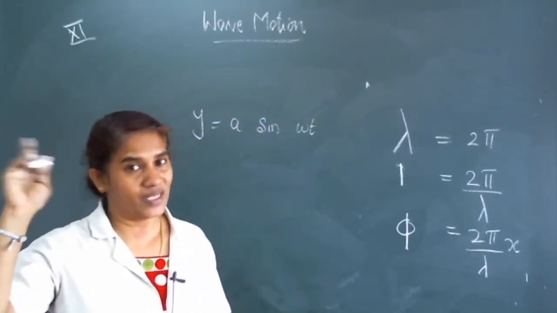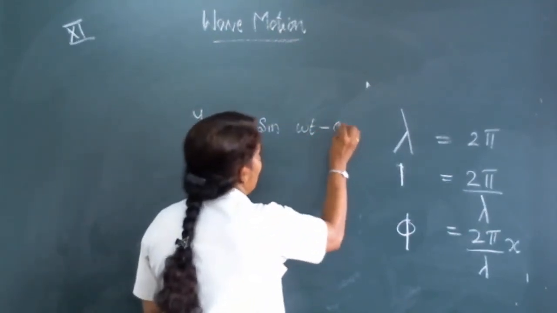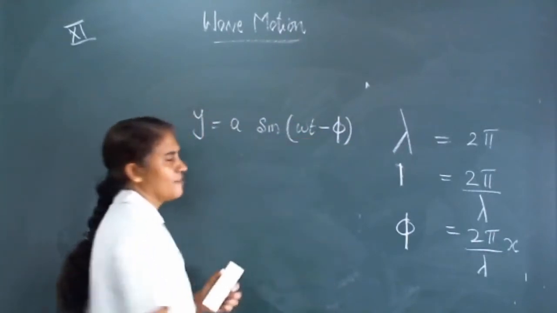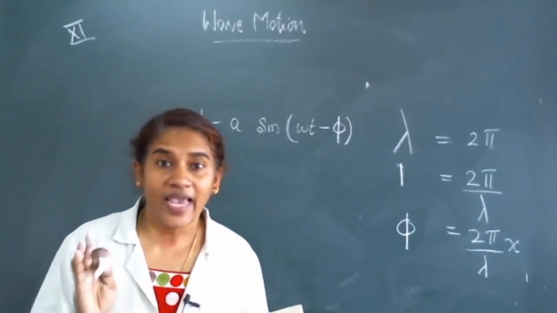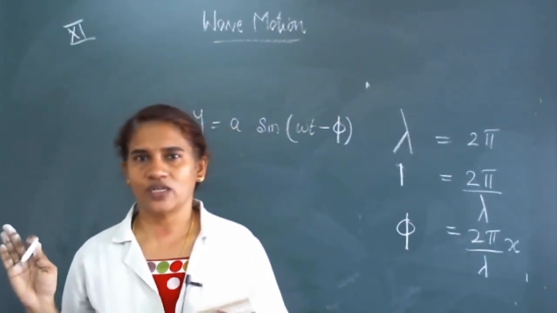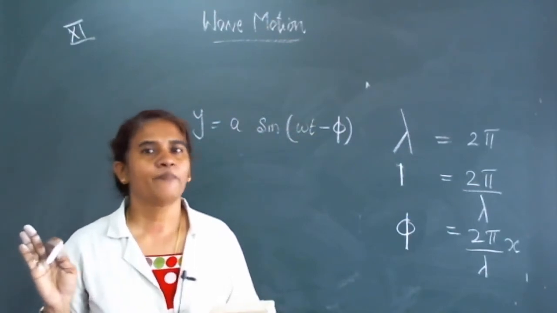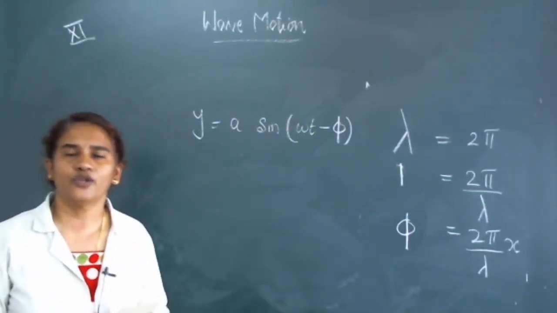Otherwise we have studied plus phi or minus phi. Here, generally, let us write omega t either plus phi or minus phi. Now I am writing omega t minus phi: A sin(omega t minus phi) to express the equation of a wave. Now we have studied phi is equal to 2 pi by lambda into x.